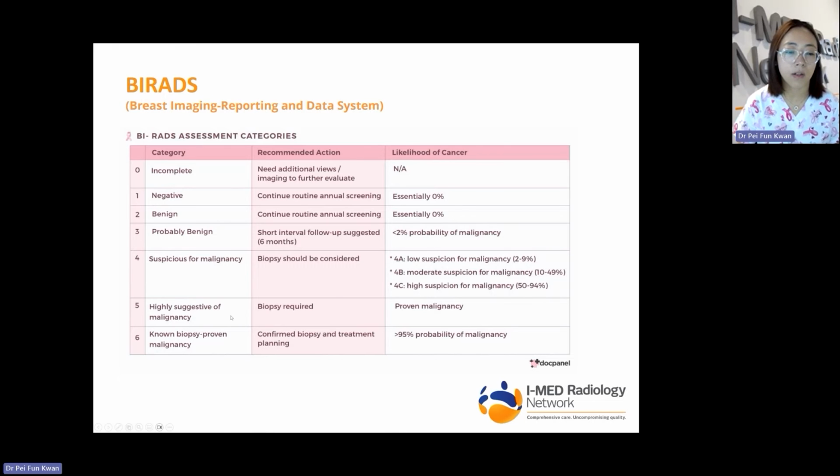And BI-RADS 5 is highly suggestive of malignancy, when we see a spiculated mass with multiple enlarged lymph nodes. That is a BI-RADS 5. When we radiologists allocate a BI-RADS 4A, B, C, or 5, ultrasound or stereotactic guided biopsy is often recommended.